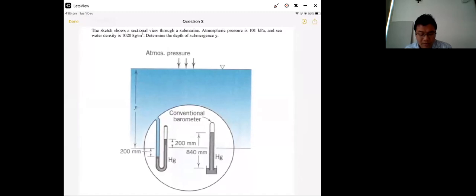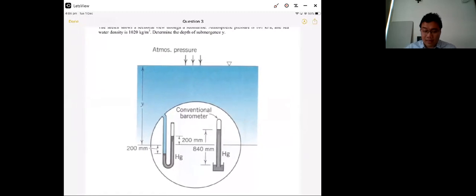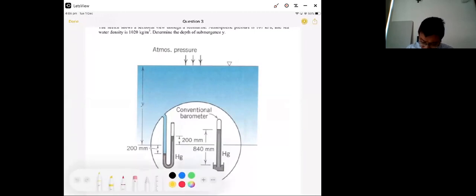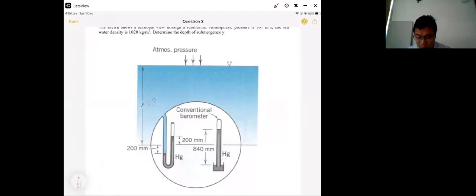You have to find the depth of the submarine, Y. In this question the atmospheric pressure we use is absolute pressure, 101 kPa, so all pressures in this system are absolute, not gauge.